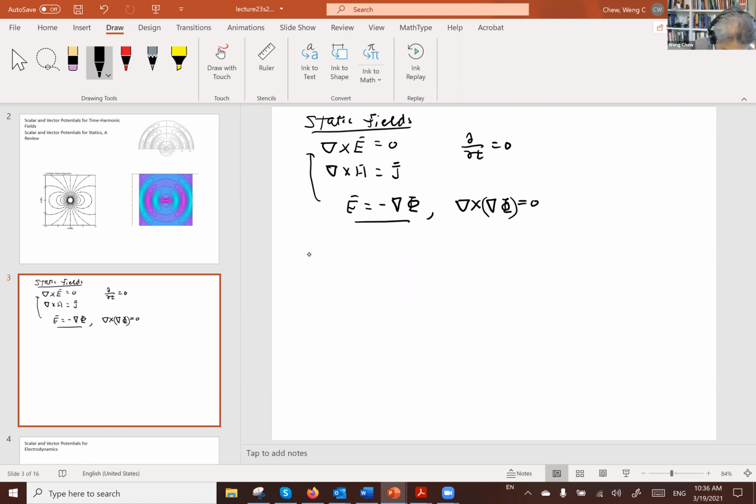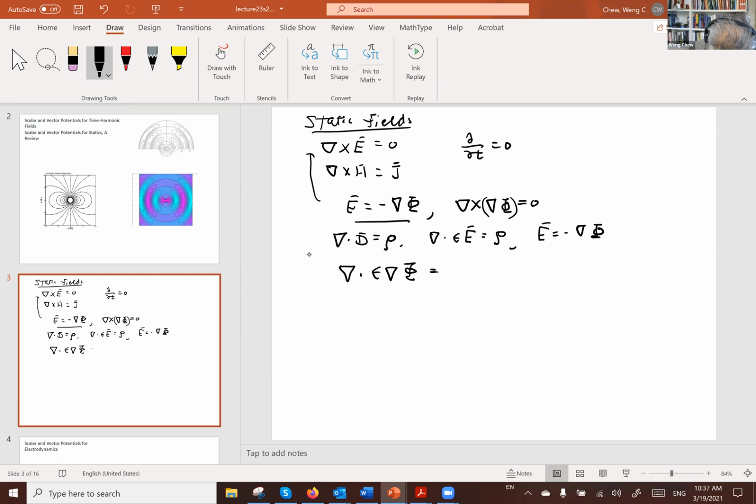You can also look at the third equation of Maxwell in the static regime, which is divergence of D equal to charge. This can be written as divergence of epsilon E equal to charge. Now with E equal to the gradient of phi, Gauss's law or Coulomb's law, whichever you want to call it, becomes this equation. You just substitute this into that one.